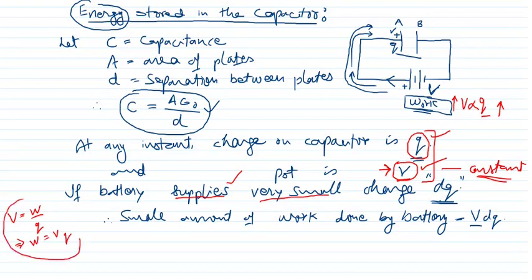So using this concept, the small amount of work done by the battery, dW, is equal to potential into charge. Clear?